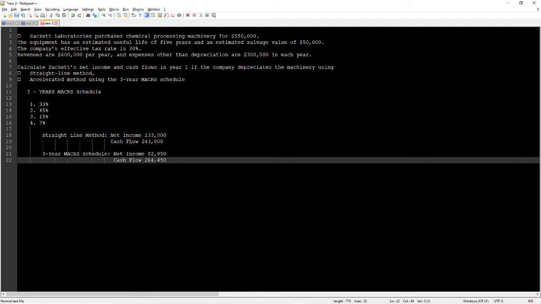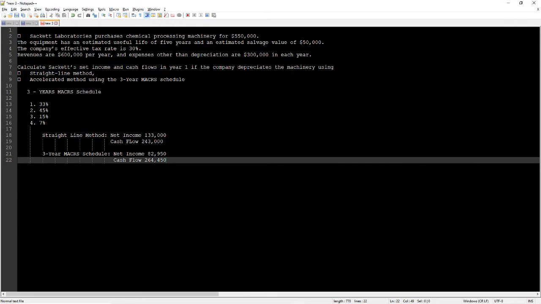So if you notice, between the two methods, the straight line and the 3-year macro schedule depreciation methods, you can see that our net income is different, and so is our cash flows. For the straight line, we technically depreciated 20% of our asset in the first year.